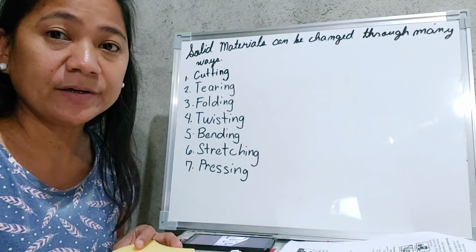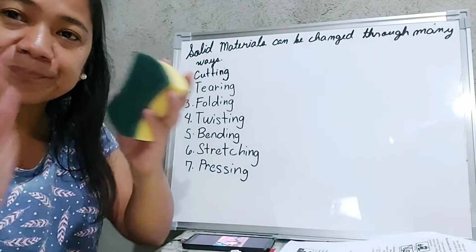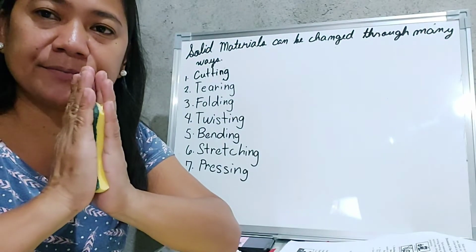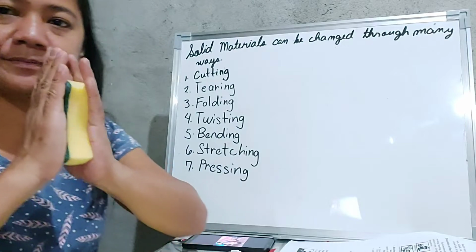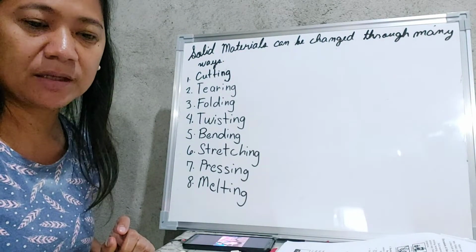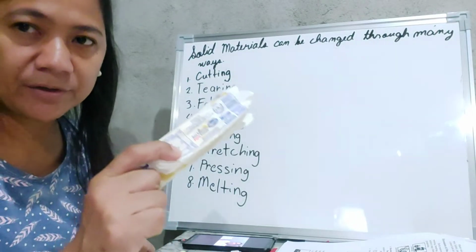A solid material can also be pressed, or pressing. So that is pressing. In number 8, we have melting. I have a piece of butter here.